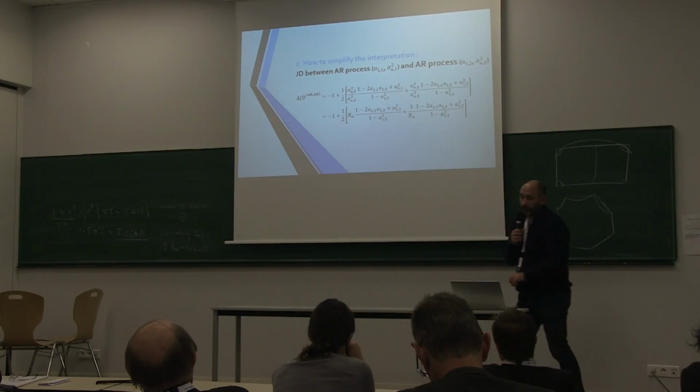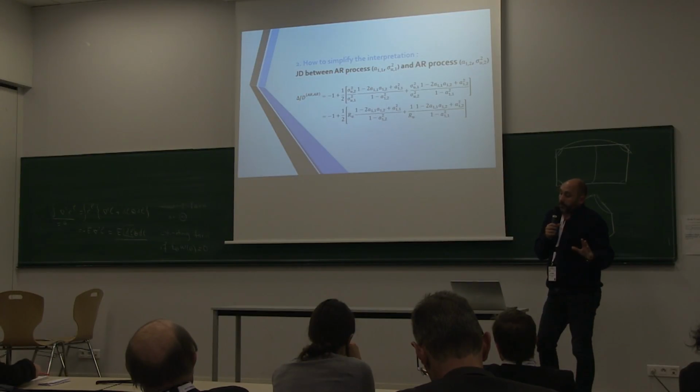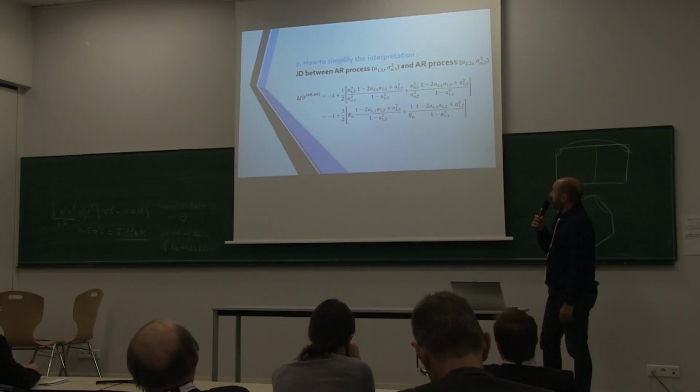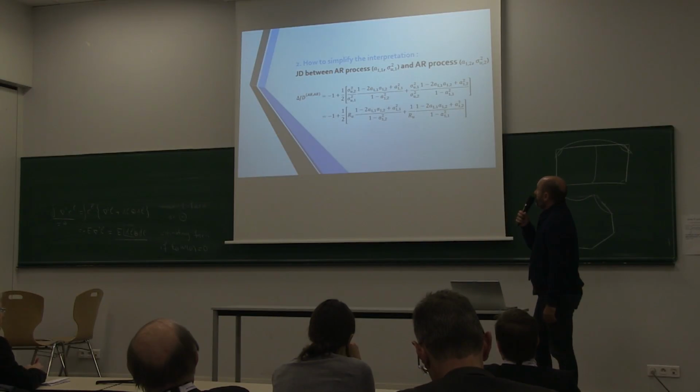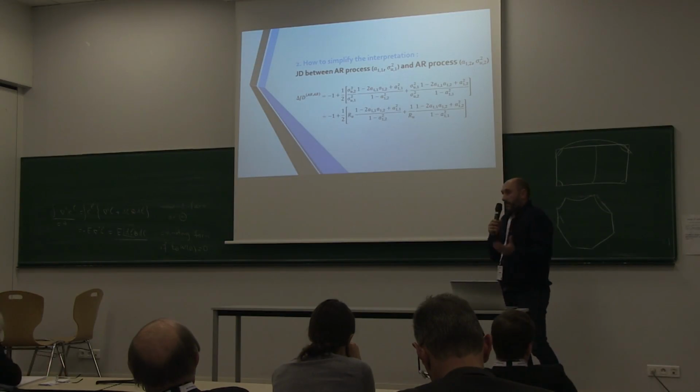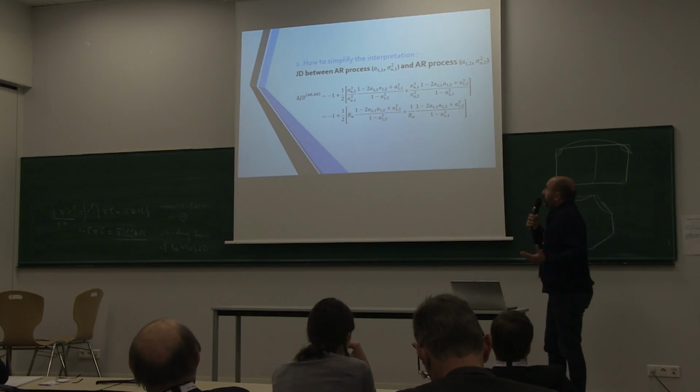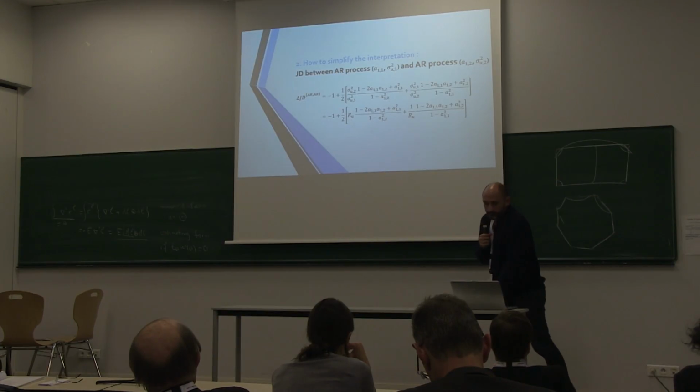Another example: in this case, we compare two autoregressive processes defined by their AR parameter and the variance of the driving processes. The asymptotic GD increment depends on the AR parameter and the variance of the driving processes. So there are several parameters that have an influence on the GD, and it is quite difficult to interpret or to have an idea of the type of value we can have.